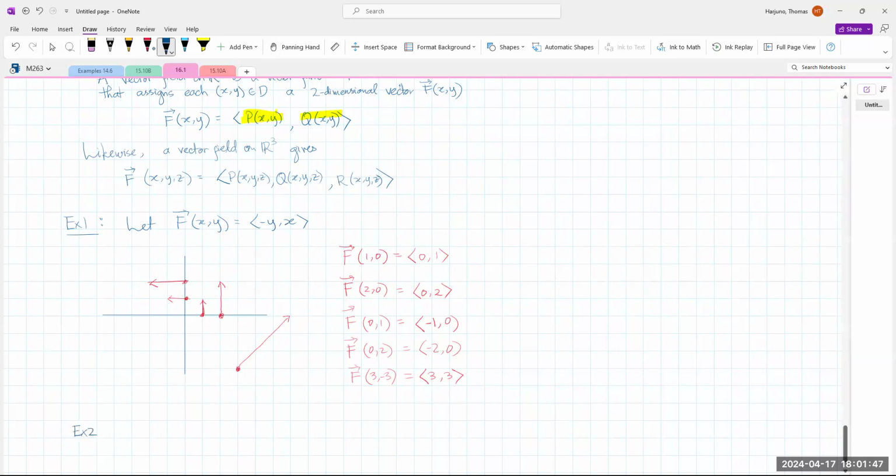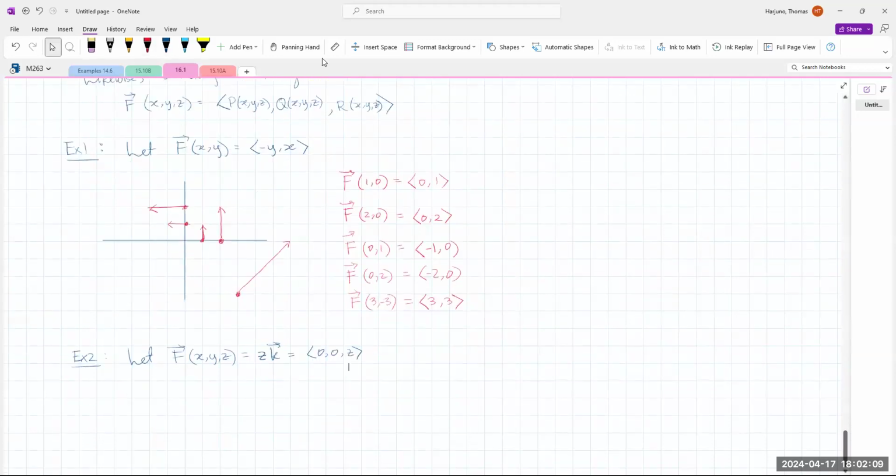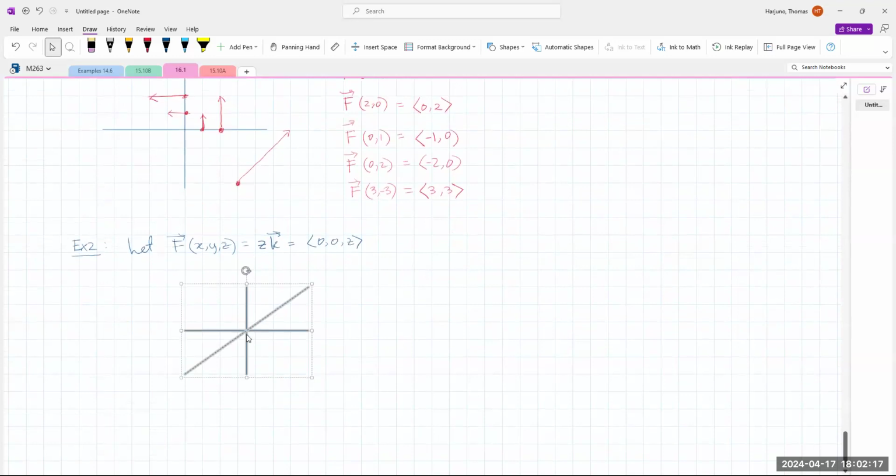Let's say example 2, let vector field F, or sometimes we also call this vector function, F(x, y, z) equals z k, or simply (0, 0, z). If we draw it in 3 dimensions, okay, notice that it's independent of x and y.